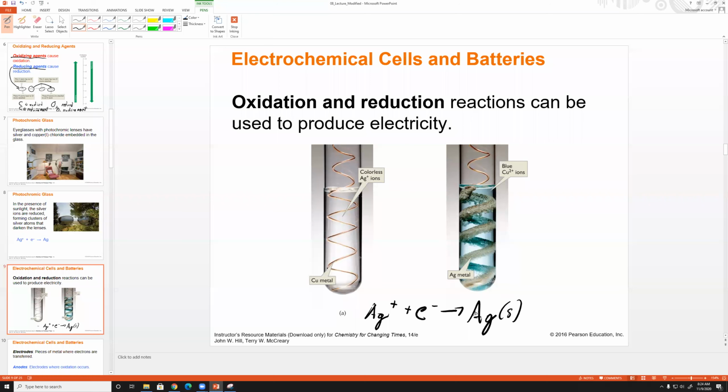And then on the other side, what's happening with copper is the copper metal originally had electrons in it, then loses those electrons to become charged. So it'll become Cu2+ plus 2 electrons. Because it's positively charged, it now can be dispersed in the solution and dissolve.